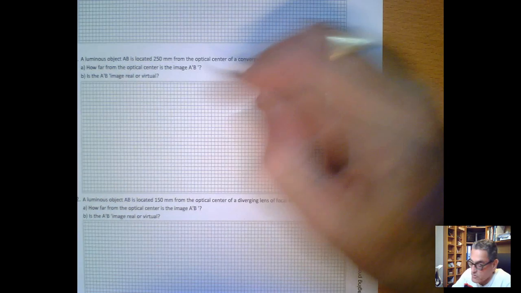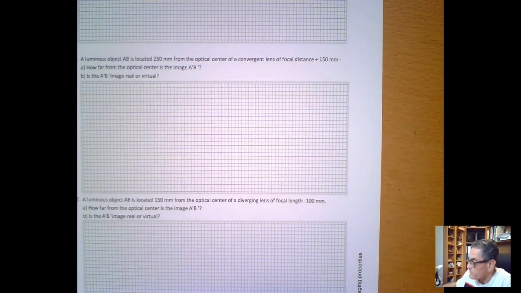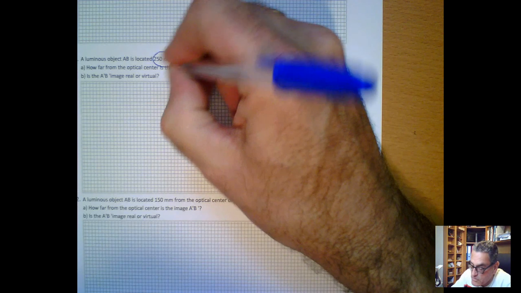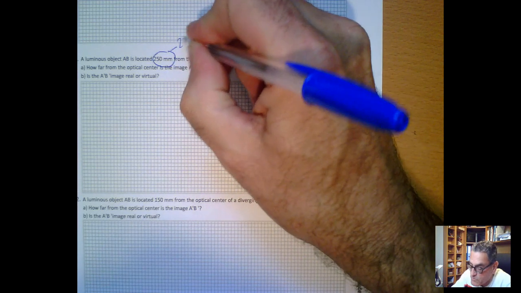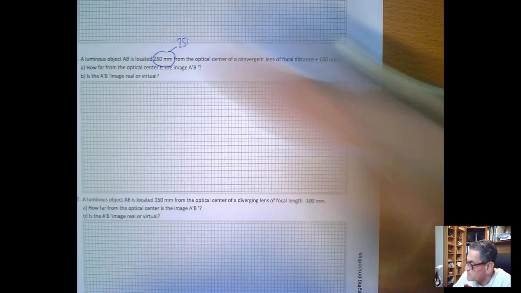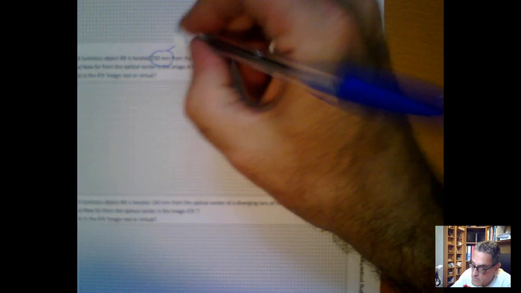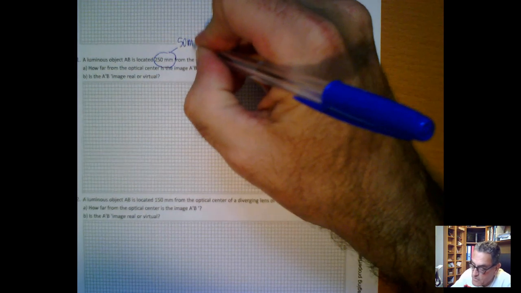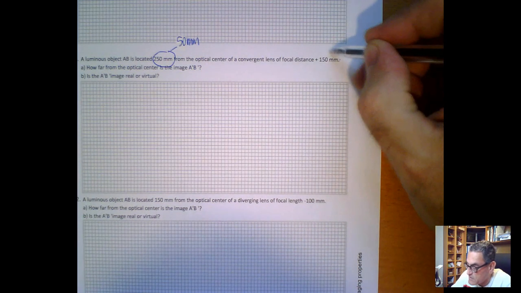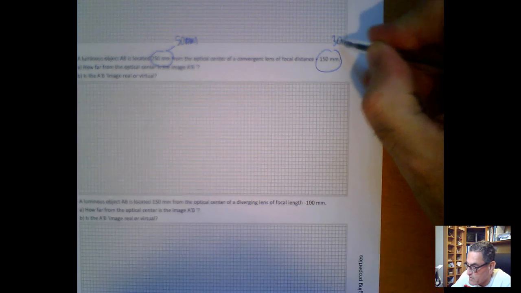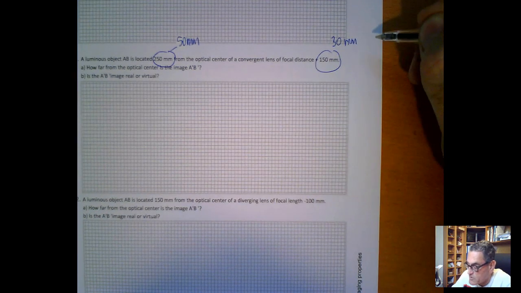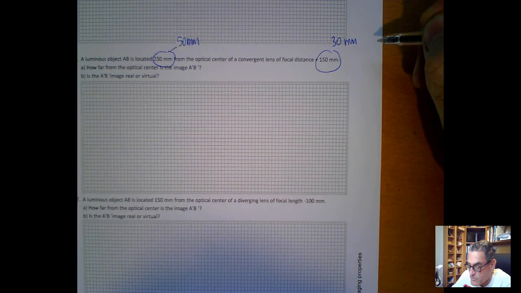So this 250 millimeters will become 50 millimeters, and the focal distance divided by 5 will give us 30 millimeters.